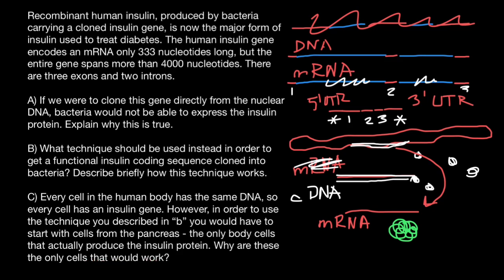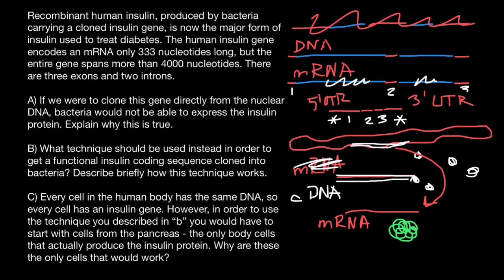Take a look. In order to use this technique I just described, we need a lot of messenger RNA. Though we have the same complete set of genes in every one of our cells, all our cells are different, or we can say all our tissues are different. In some tissues, for example in the retina of your eye, one gene would be expressed and others would be shut down. In skin cells, another set of genes would be expressed and the rest would be shut down.